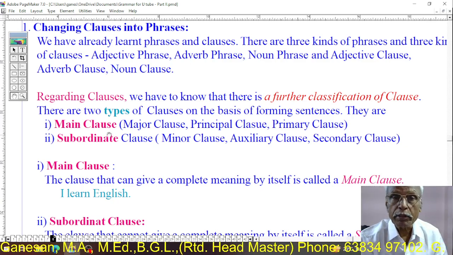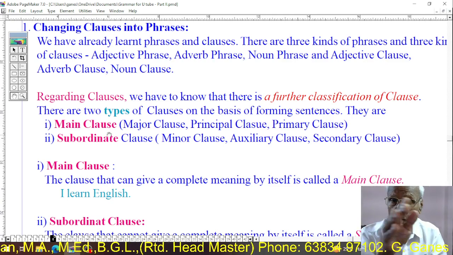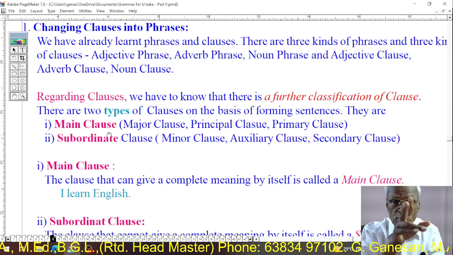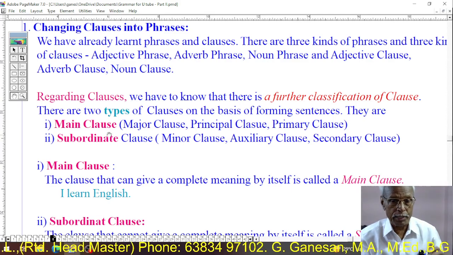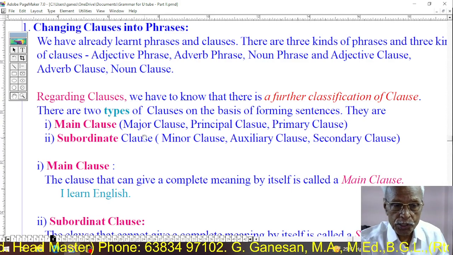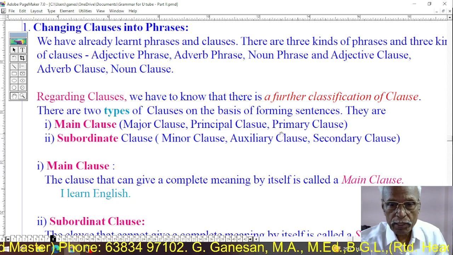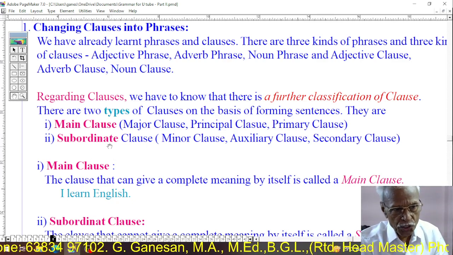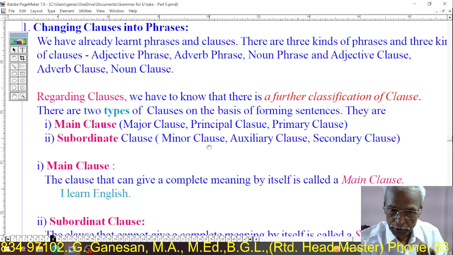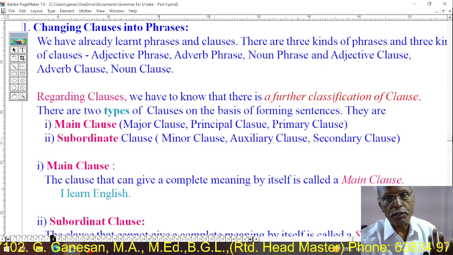One is main clause, another is subordinate clause. The other names of the main clause are major clause, principal clause, primary clause. And the subordinate clause's other names are minor clause, auxiliary clause, secondary clause.